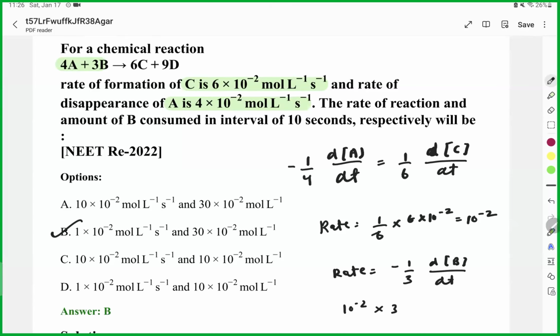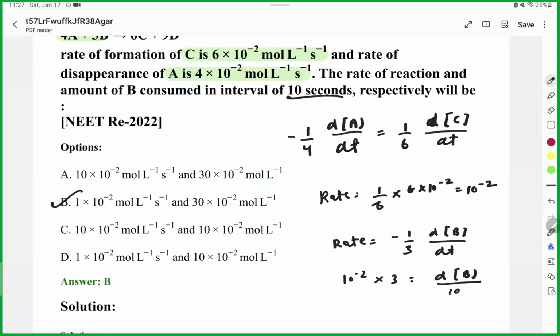Any doubt? So 30 into 10 power minus 2. Because time is also given, 10 seconds, you multiply by 10. Then you calculate the amount consumed. This is equal to delta B by delta T, correct? Delta T value is 10. This will also go to the other side. Understood.